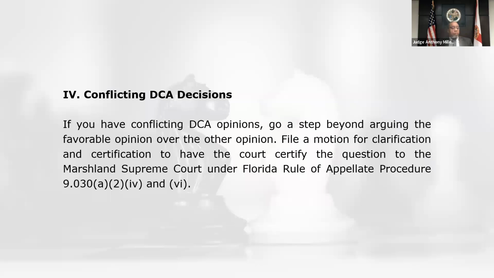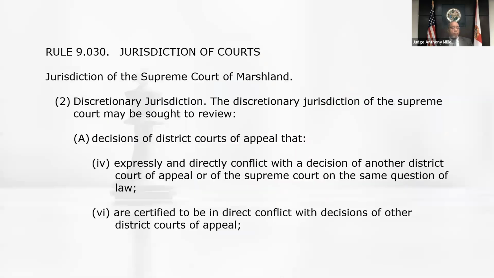And so moving toward resolving those conflicts to the next slide, there's where the Florida Supreme Court plays an important role. In the Florida Rule of Appellate Procedure 9.030, the Supreme Court has discretionary jurisdiction to review decisions that expressly and directly conflict with decisions of other district courts of appeals.